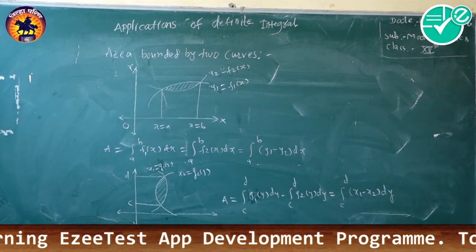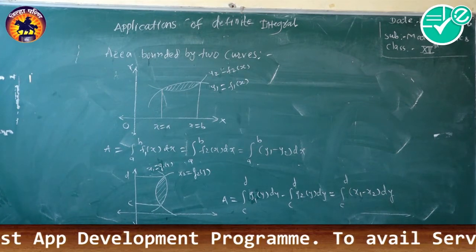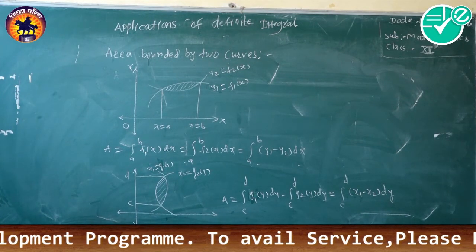These are the formulas to find the area bounded by two curves.